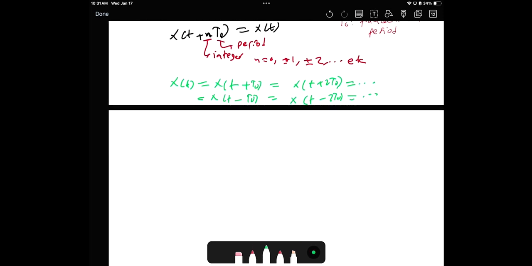Here's an example. Verify periodicity. Make sure whether these functions are periodic or not.